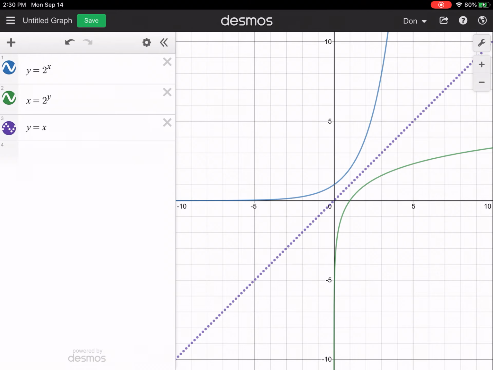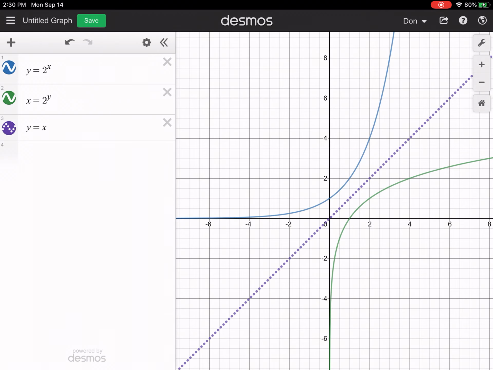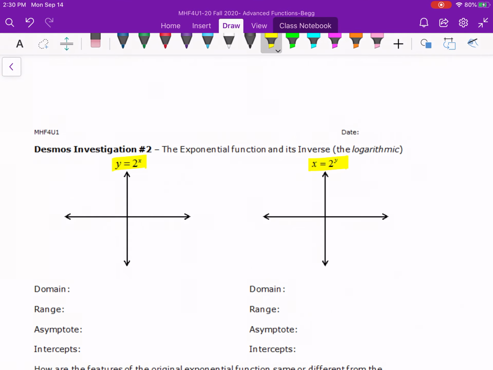Let's make that a dotted line. All right, so the blue one is our function. The green one is our inverse by swapping x and y. It's been reflected in the line y equals x. Everything's as we expected it to be. So quick sketch. Here's y equals 2 to the x. Here's x equals 2 to the y.